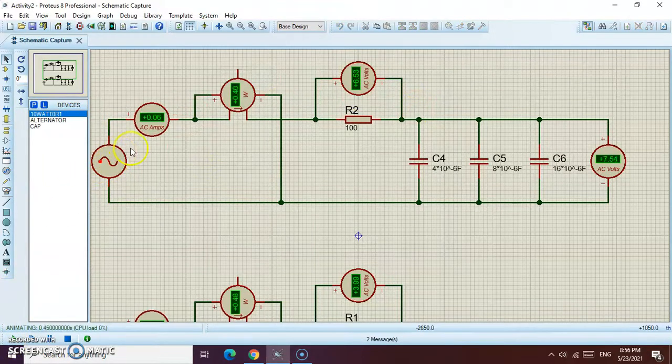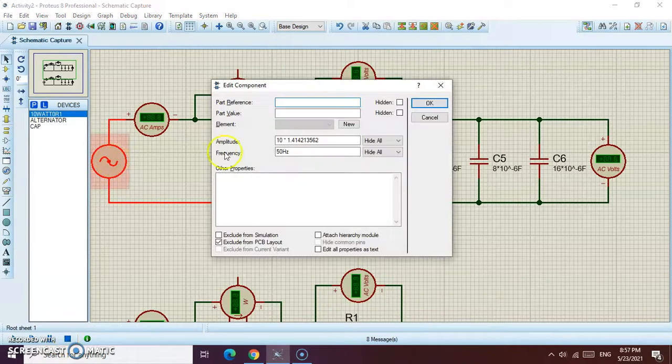After we simulate it, we need to wait some time until all the meters get a stable reading, and we record it down. After that, we repeat this experiment by changing the value of voltage according to the table.